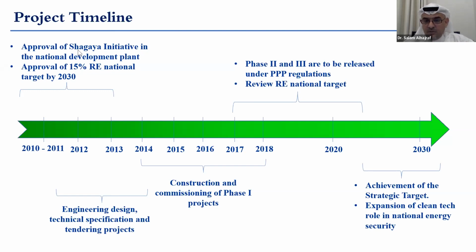We do hope between now, which is 2022, and 2030, we can achieve this strategic target, although it needs to be reviewed. It seems that with the advancement in technology, 15% became a very humble target, and it can be reviewed and increased a little bit.